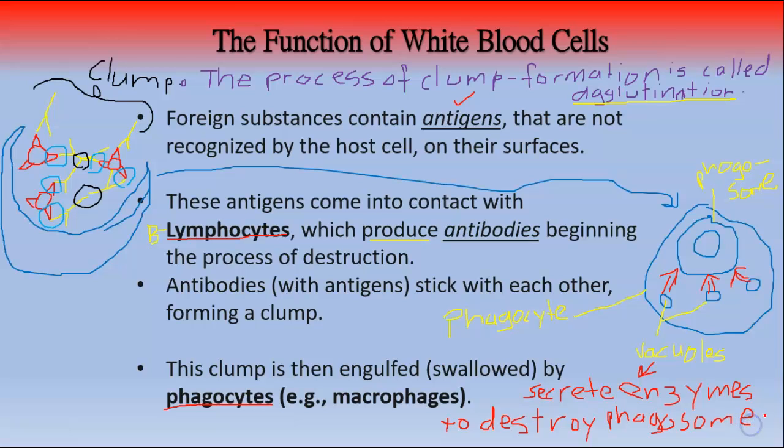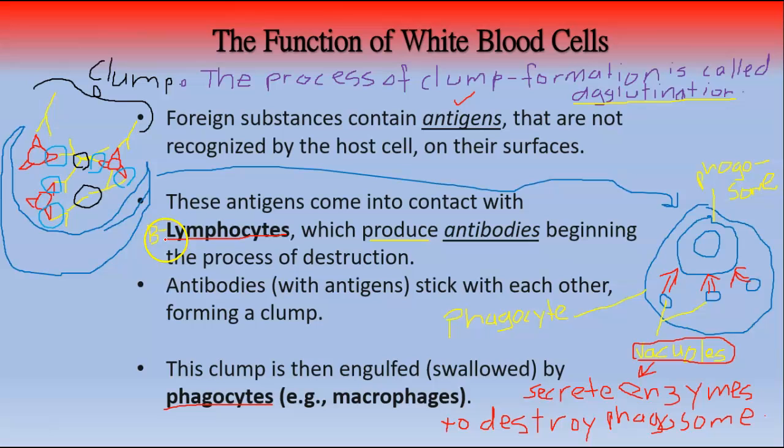So the vacuoles secrete enzymes to destroy the phagosome, and that is how white blood cells function.